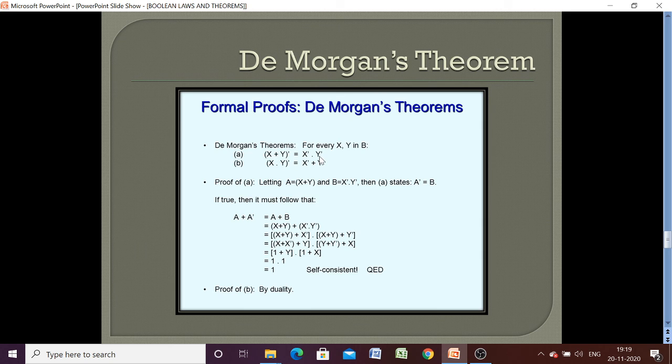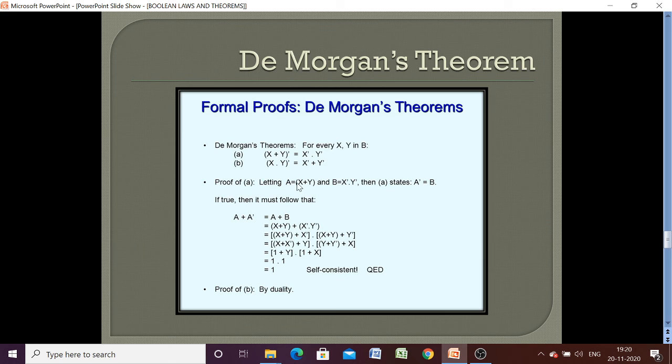We have to take the assumption and start proving it. So if this statement is true, then we have to prove that A plus A complement is equal to 1, which we have already seen in the table in the previous slides. So if this is 1, it means this statement is true.